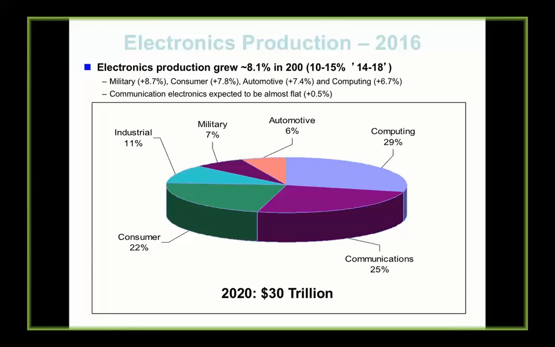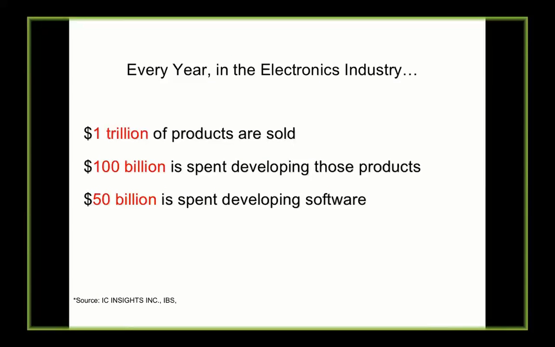But it is all from International Data Corporation. So 2014 to 18 talks about roughly 15% of CAGR, which is quite good enough. And the good insight from IDC is that almost trillions of products are being sold, and then out of that 100 billion is being spent on developing those products.